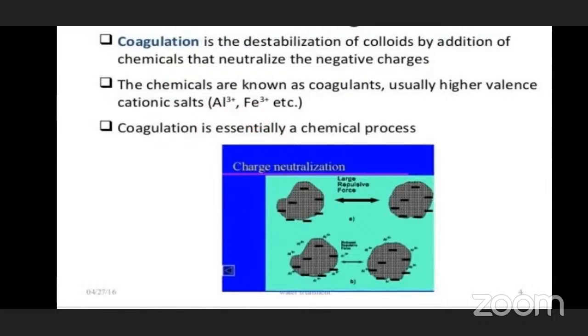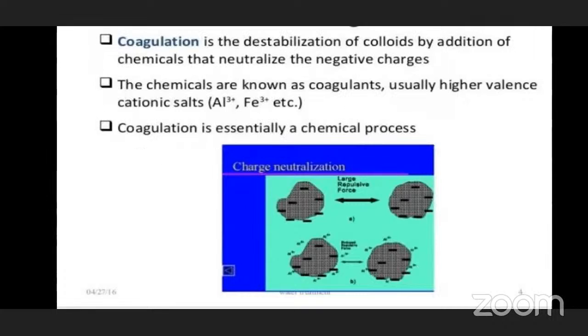These types of higher valency atoms show more coagulation. Those particles which contain more valency form more coagulation or participate more in the peptization. Okay, so the coagulation is essentially a chemical process. We discussed it as a chemical process, but not a physical process.